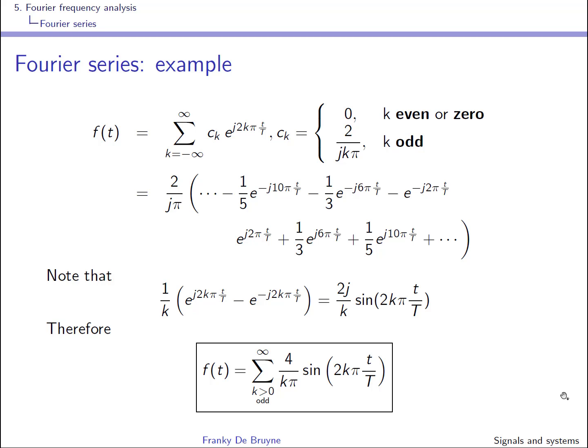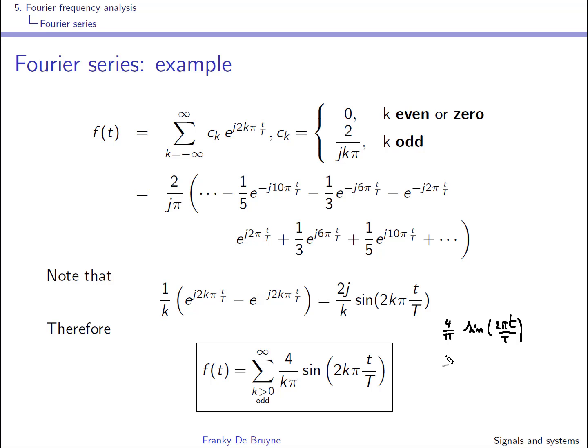Let us come back to our example of this square signal switching between 1 and -1. The term that corresponds to k equal to 1 is 4 over pi sine of 2 pi t over the period, and this is the fundamental component of f of t.